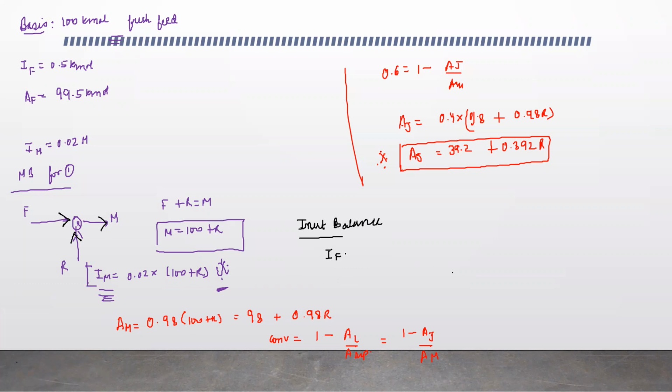So inerts in feed plus inerts in recycle is equal to inerts in the mixed stream. So inerts in the recycle is equal to IM minus IF, not IF minus IM, right? So IM is basically 2 plus 0.02 R and IF is 0.5. So you will get this as 1.5 plus 0.02 R. This is inerts in the recycle stream.